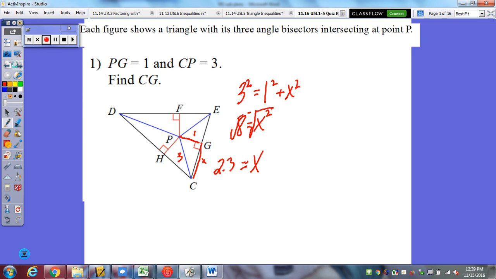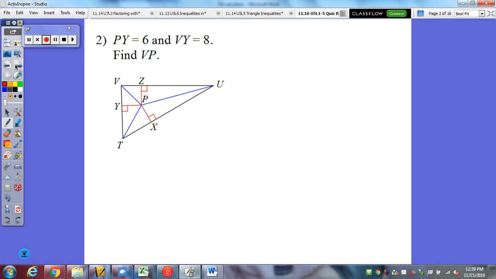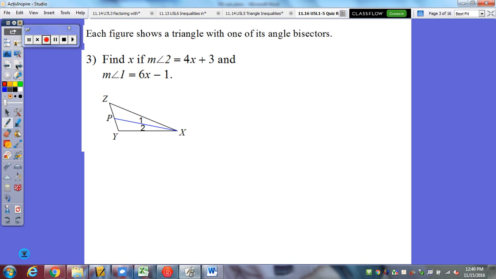So again, number 2 is solved similarly. We're going to move on to number 3. Number 3 says, find x if the measure of angle 1 is 6x minus 1 and angle 2 is 4x plus 3. Well, again, this is the angle bisector. So this line bisects angle x.